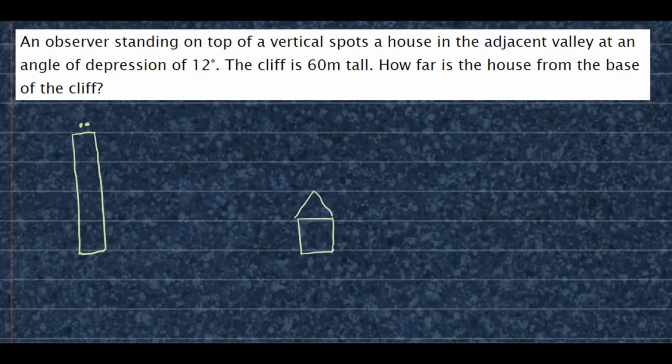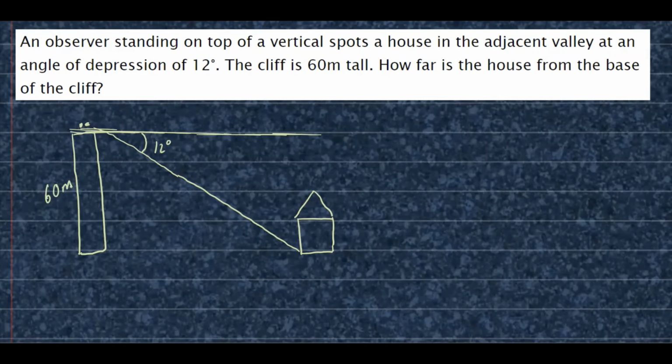So the observer up there is looking at the house. So let's draw that. So from the eye level, right here, that's the horizontal, we create an angle of depression that's 12 degrees. And we're also given the cliff is 60 meters tall. So this is 60 meters tall.